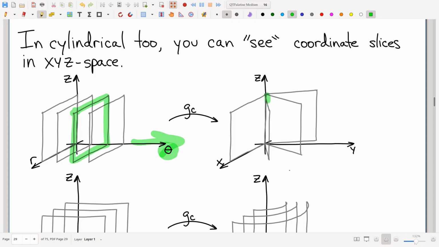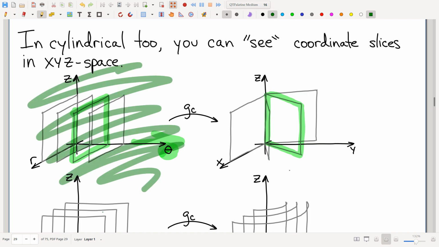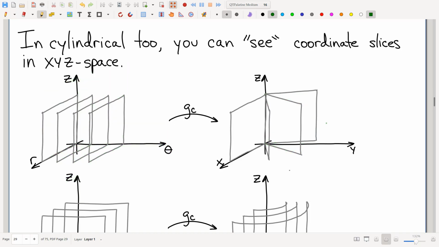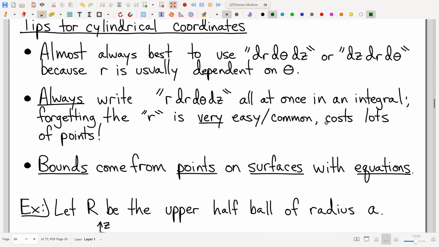And we know what constant values of theta look like in XYZ space. So why bother messing around drawing a whole pullback when everything you need from that you can see right here? Same basic idea. Different geometry a little bit, but same basic idea.